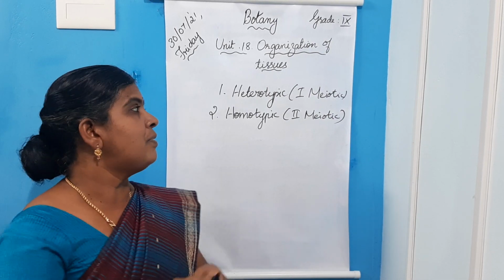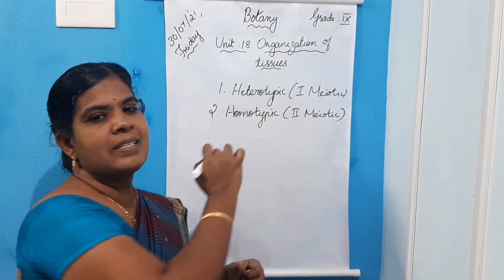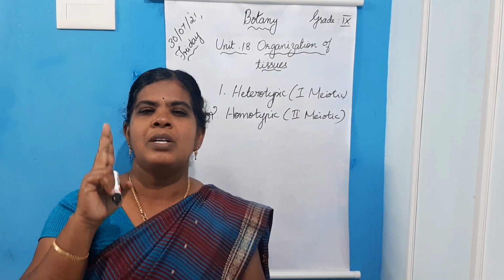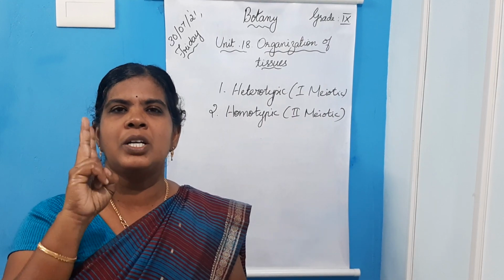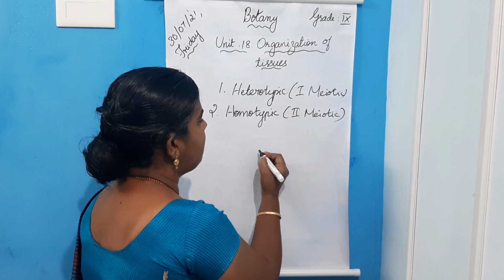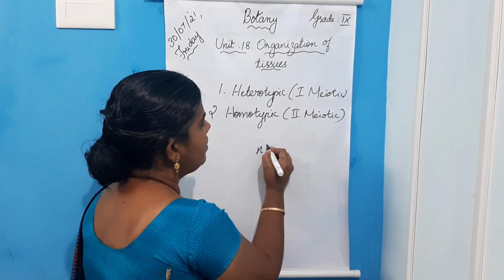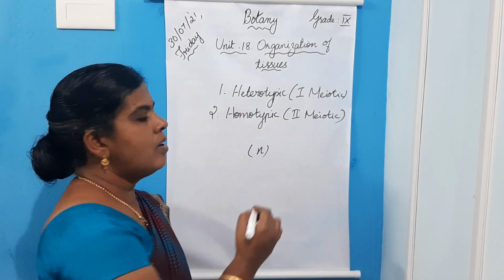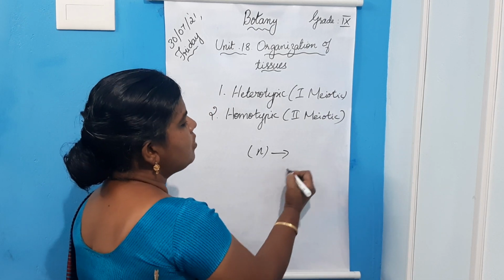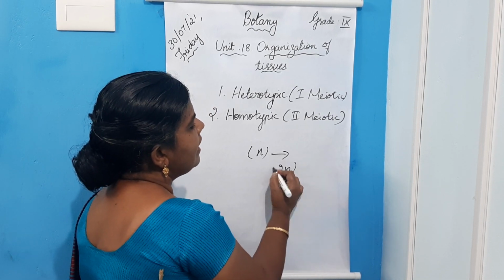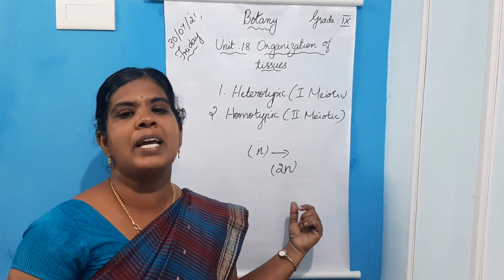By the first division, heterotypic cell division, 2 haploid daughter cells are formed from the diploid cell, or 2N.